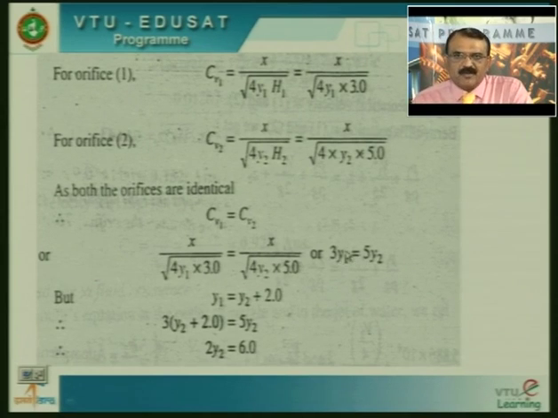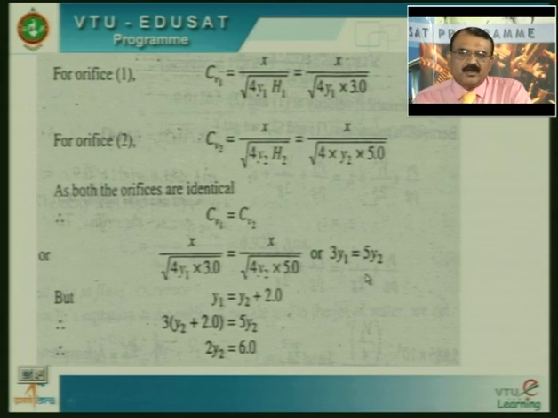If you substitute the value of y1 in the earlier relation, you are going to get the value of y2. If you simplify that, the value of y2 works out to be 6 divided by 2, that is equal to 3. Now y2 is 3. Look at this, 3y1 is equal to 5y2. Now y2 is 3, therefore this becomes 5 into 3 is 15. 3y1 is equal to 15 and y1 is equal to 15 by 3, that is equal to 5. That is the value.